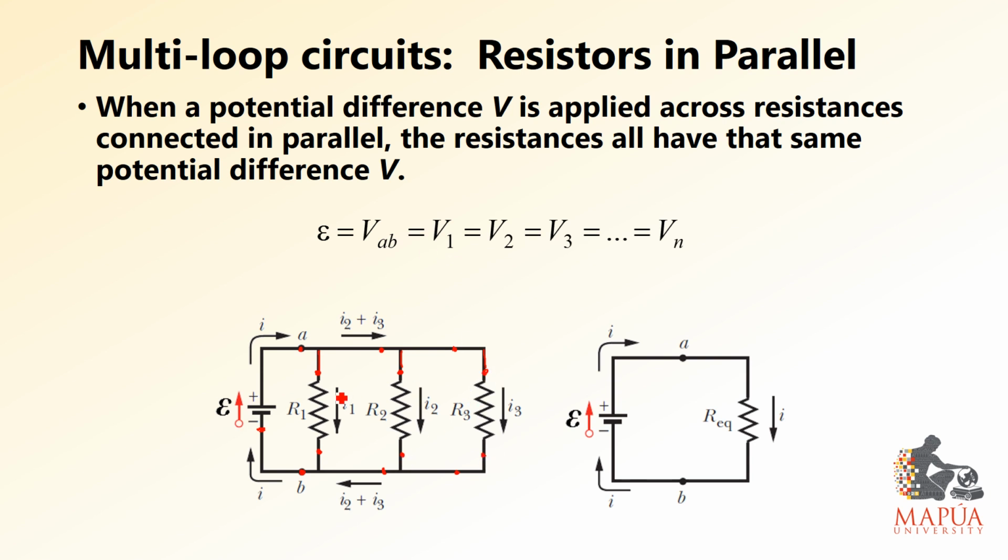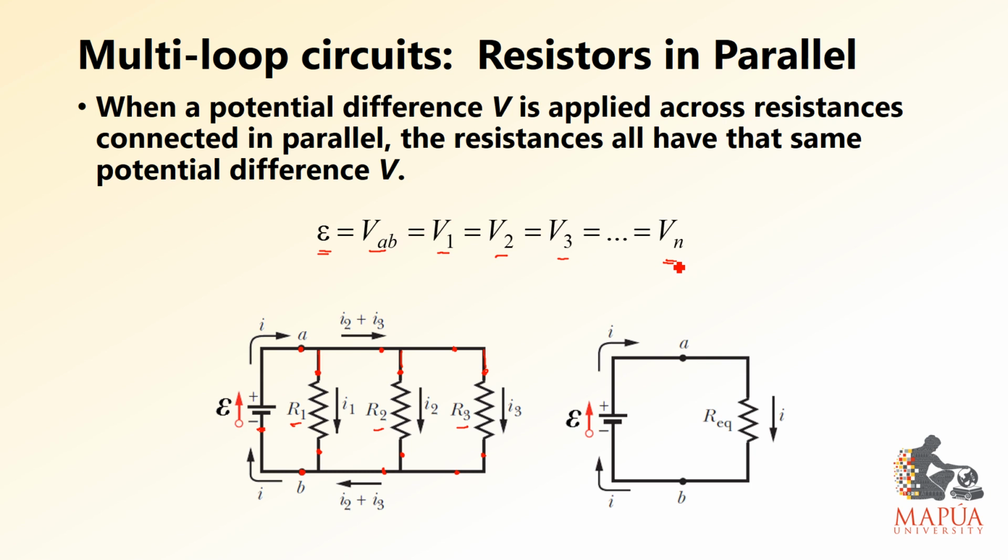That's what we call the difference between resistors in parallel and resistors in series. R1, R2, and R3 have a common point A and a common point B. In other words, the potential difference on AB, which is provided by the battery, would be the potential across R1, equal to the potential difference across R2 and R3, up to Vn.